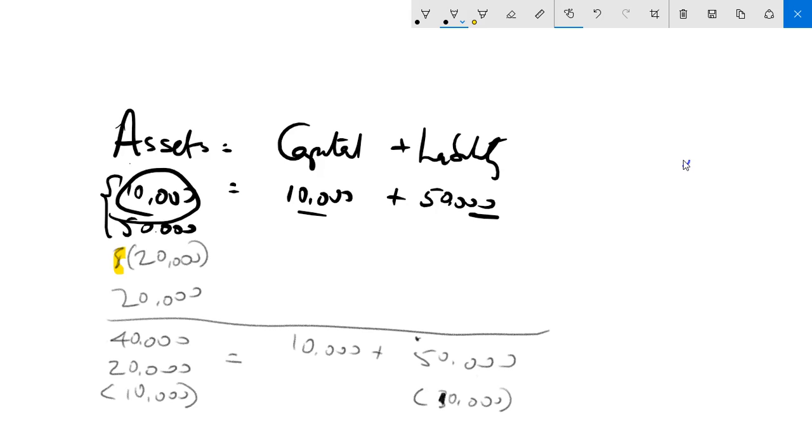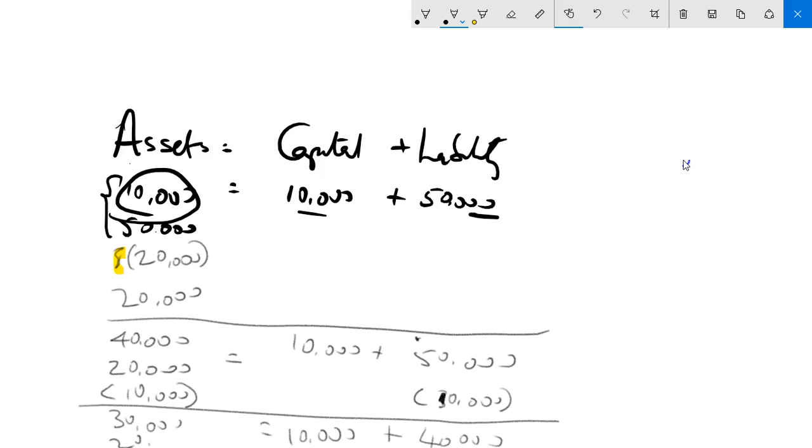So what you now owe is 40,000. You borrowed 10,000 from the owner, and this is now equal to 30,000 in the bank and a machine of 20,000.